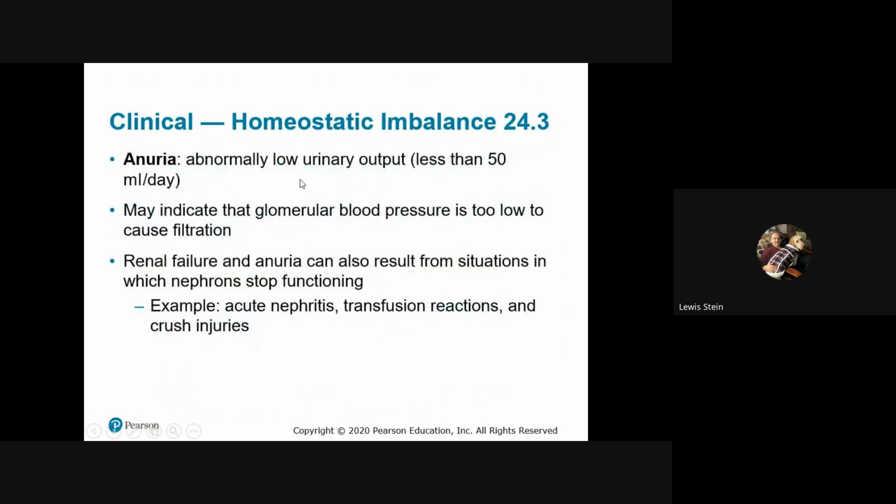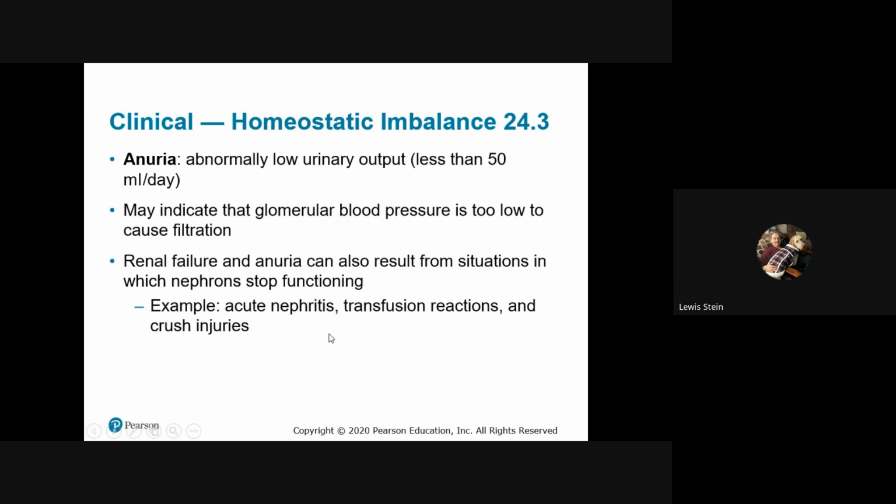Okay, and what happens? Abnormally low is 50 milliliters a day. Okay, so that's bad, and that means you're either not getting enough, renal failure, and it can result from a variety of situations.